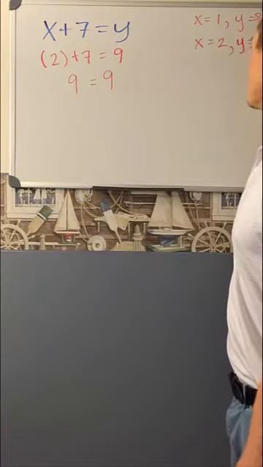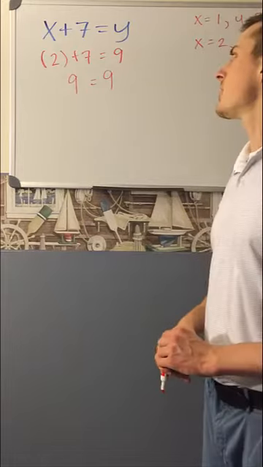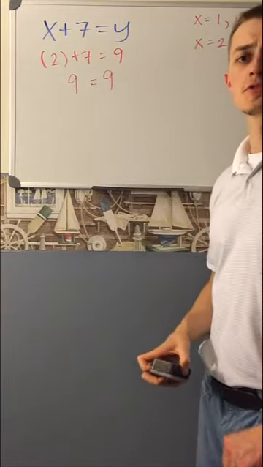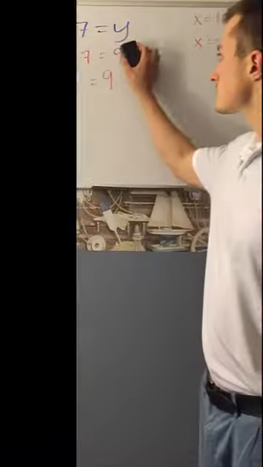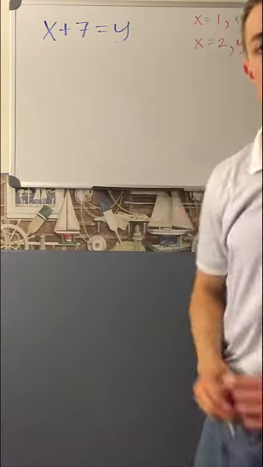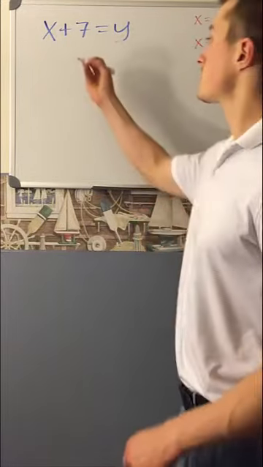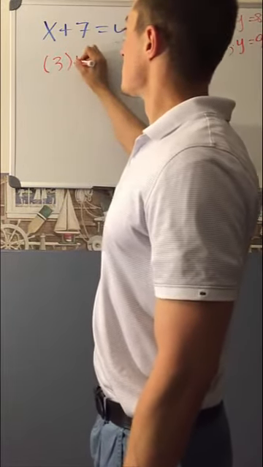but now x equals 2 and y equals 9. So quick, pause the video. What would y be equal to if I let x equal 3? So if I let x equal 3, then I have 3 plus 7.